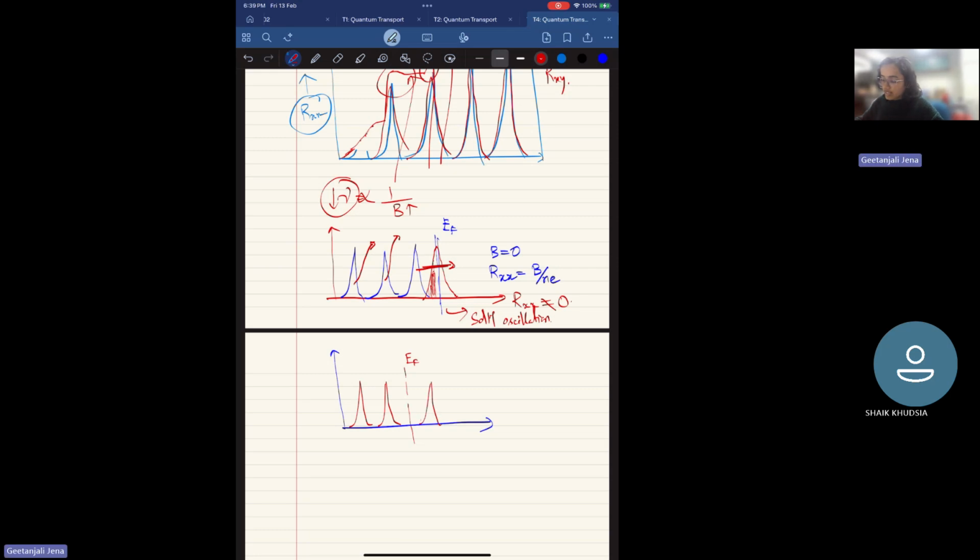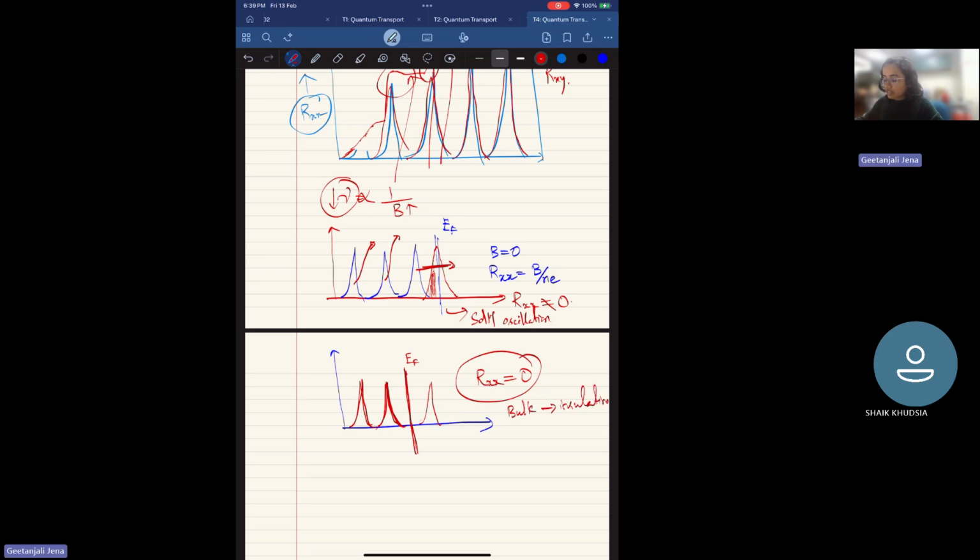For this case, there are no states around this Fermi energy. There are no bulk states present around this Fermi energy. So that means now this will become 0. So there will be no resistance along the direction of the current. So the bulk will become insulating.